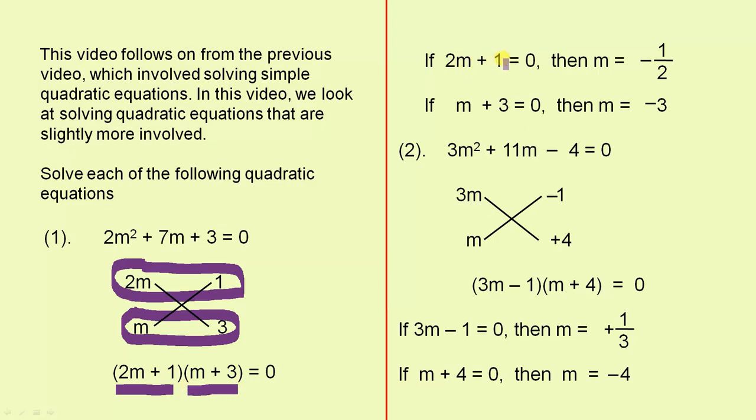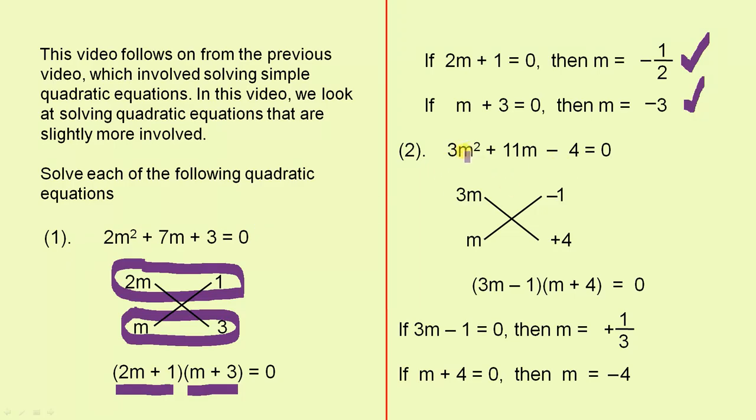So if 2m plus 1 equals 0, then m equals minus a half. So that is one solution. If the m plus 3 is 0, then m must be negative 3, and that's the other solution. So it's all very similar to the previous video. The only difference is you have numbers at the front other than 1.